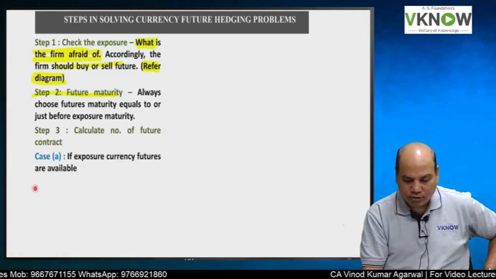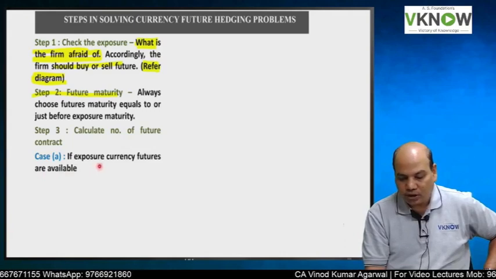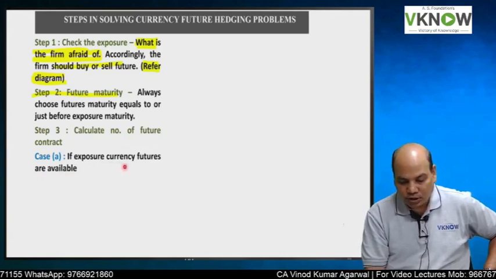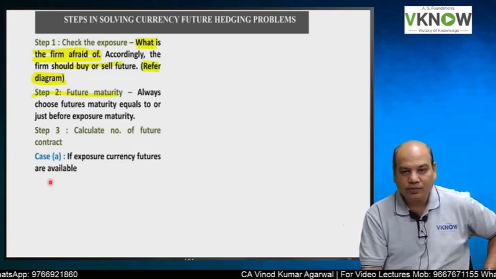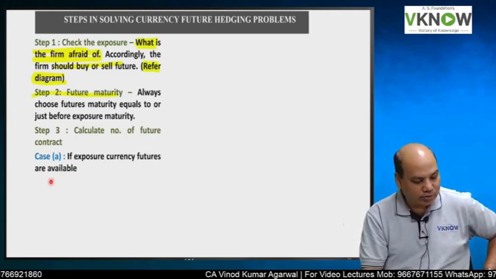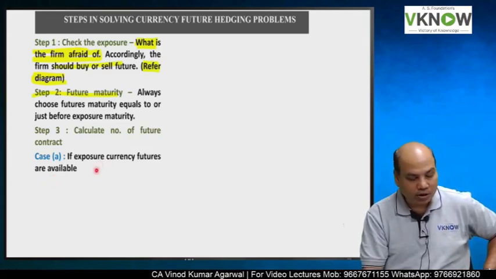Student will follow this highlighter or pointer now. If exposure currency future are available. In our question, the exposure currency is dollar.